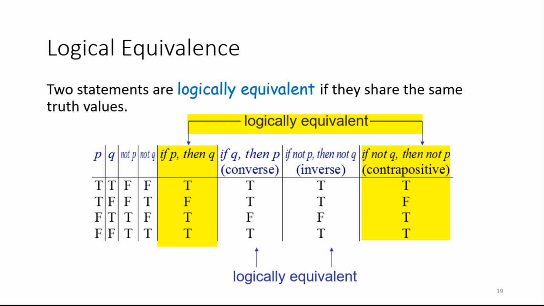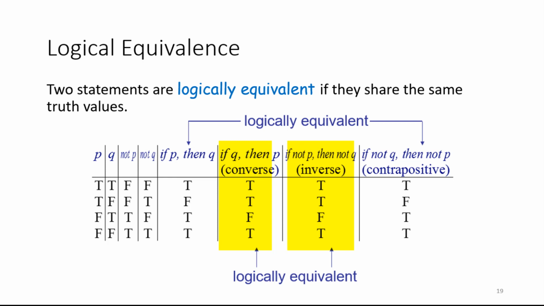That is, the columns are T, F, T, T. They are identical. Now, let's look at the columns for converse and inverse. Let's observe the columns are T, T, F, T for both. That is, converse and inverse are logically equivalent.